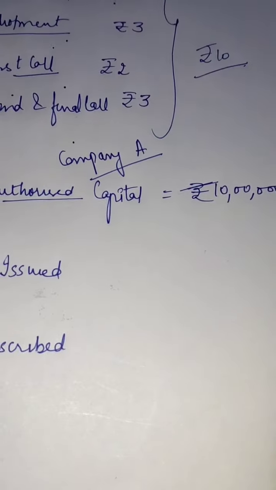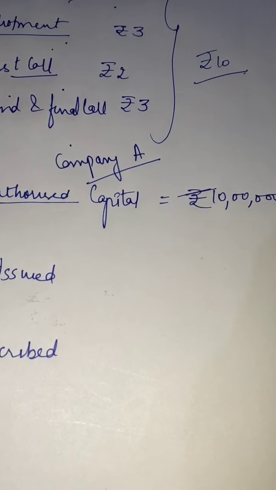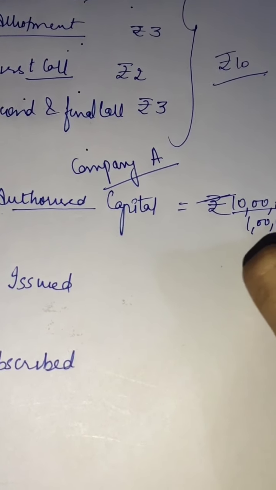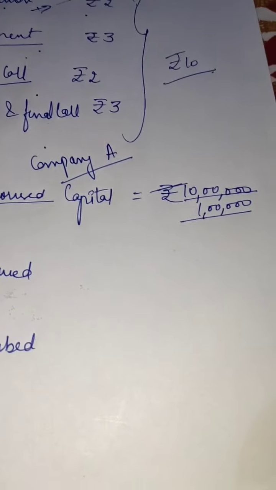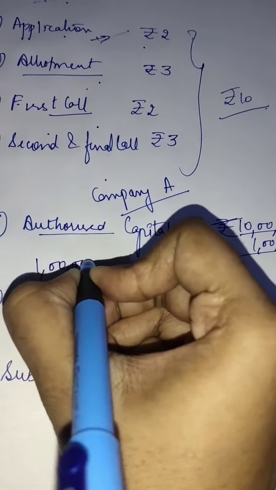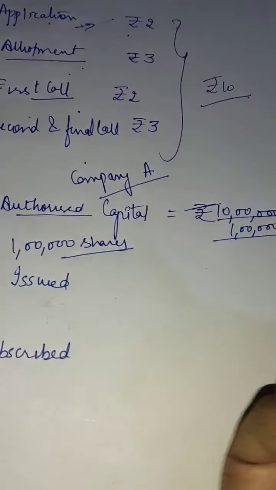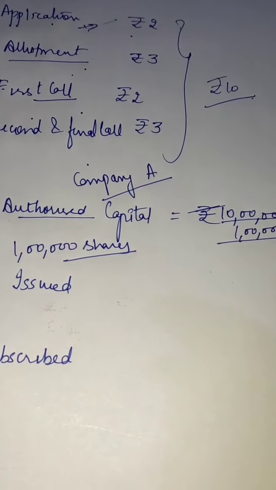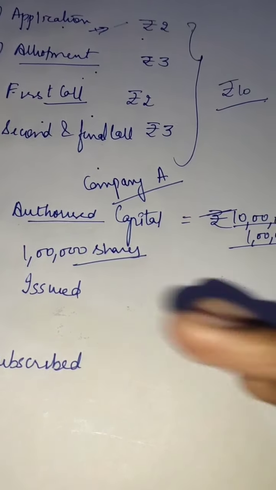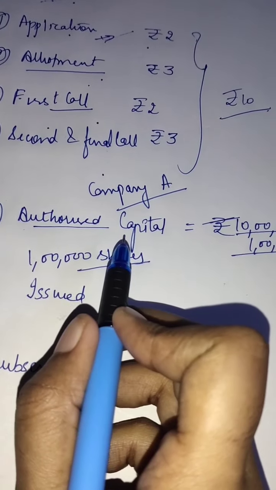If we divide this total capital into small units, let's suppose 1 lakh small units, so 1 lakh shares. Are you understanding what authorized capital is? Authorized capital means the amount which is approved by the registrar office that we can invest this much money in our business.